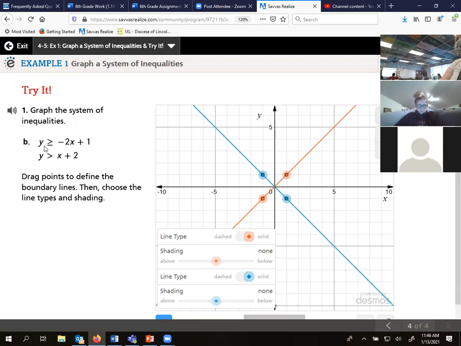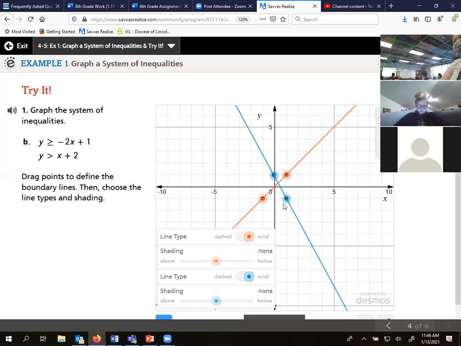Okay, here I have y is greater than or equal to -2x plus 1, and y is greater than x plus 2. Okay, if we're looking at our first one, where is it going to cross the y-axis? 1.